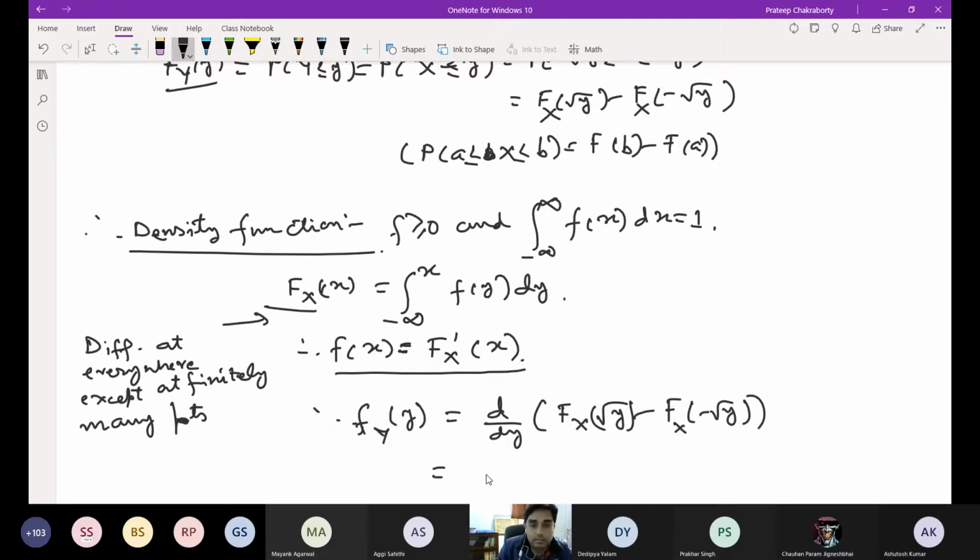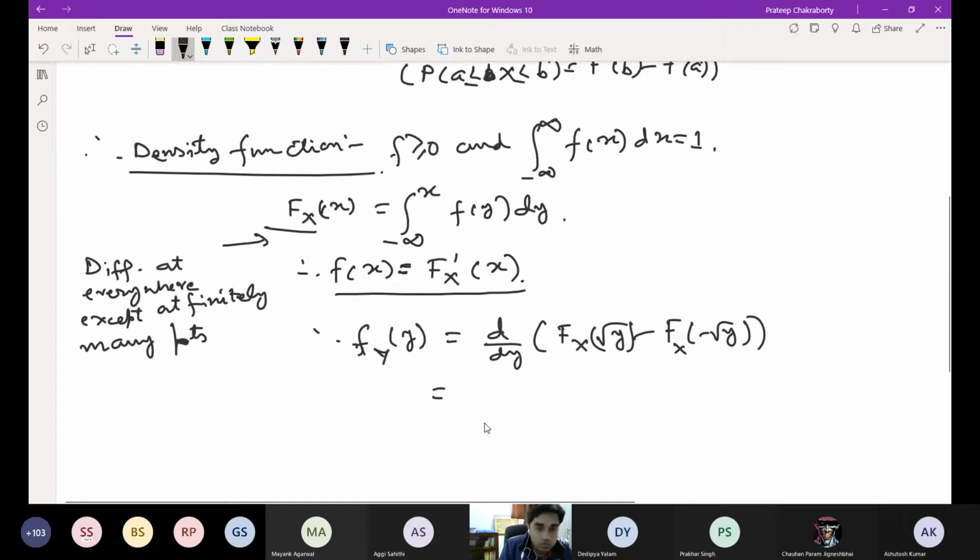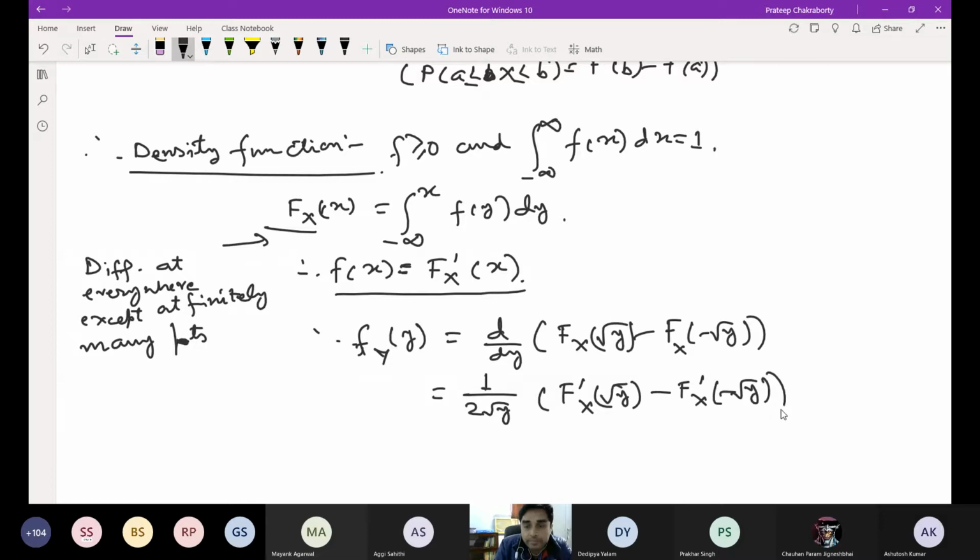So this is 1 by 2√y times f_X(√y) minus f_X(−√y). Any question here?